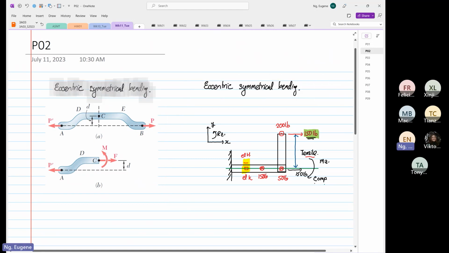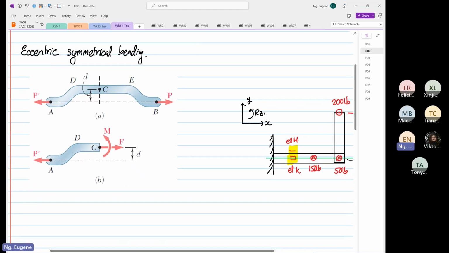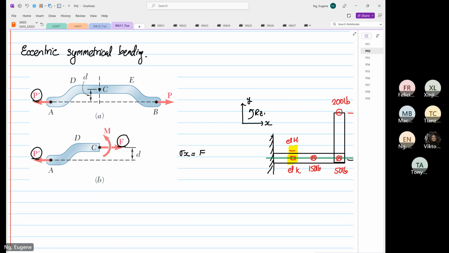So we know that P prime will also induce an axial load known as F, because at the end of the day, the formula used over here is stress X equals F divided by area minus Mz over Izz multiplied by y.